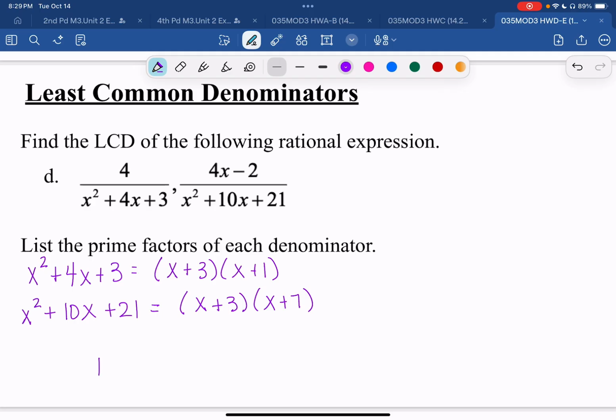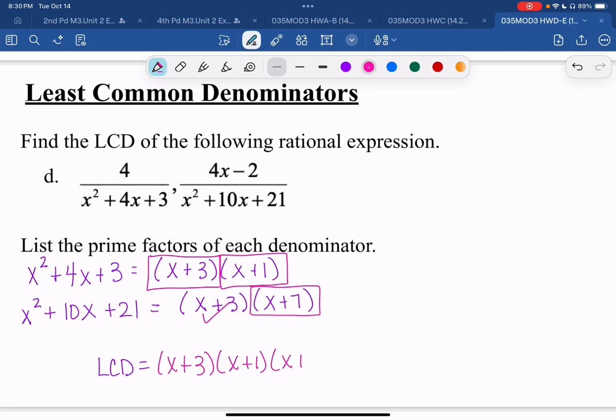Now my LCD, I have to make sure I include everything. Notice they both have an x plus 3. Okay, great. That just means it's got to be there. Neither one of them has an exponent, so I just know I need an x plus 3 in my LCD. Well, I know it's got to have an x plus 1. I already put that there. Also, I need the x plus 7. It's got everything.